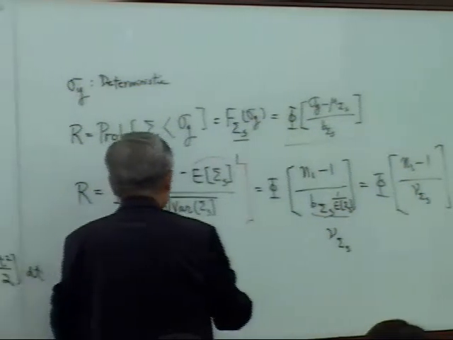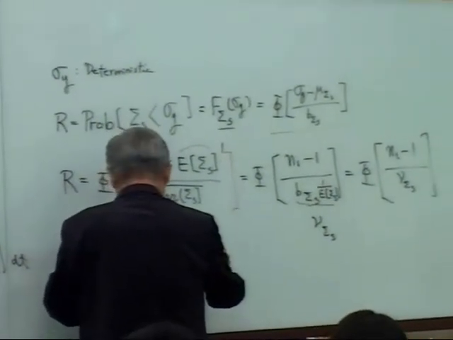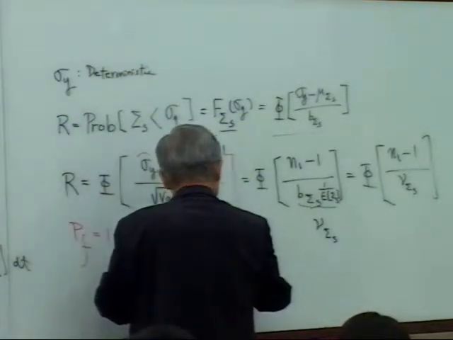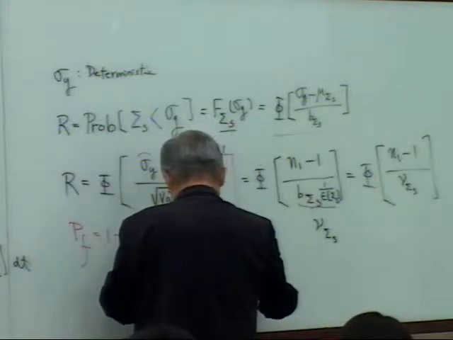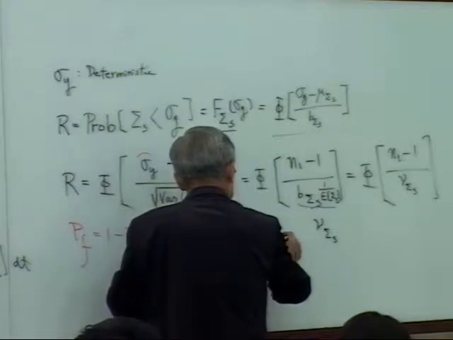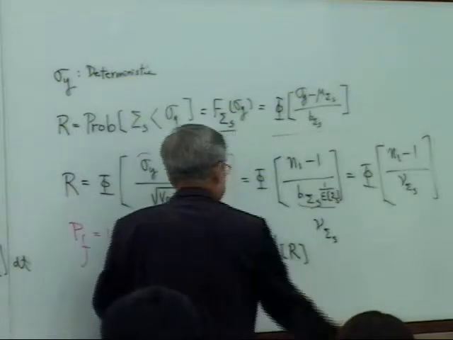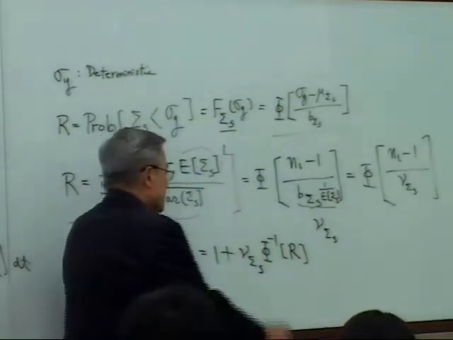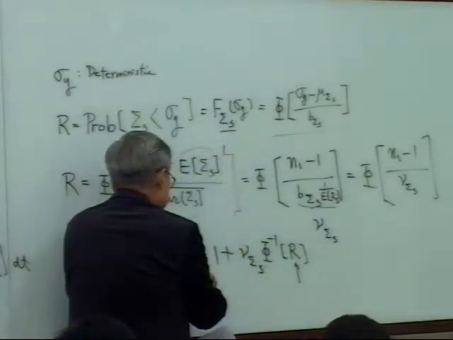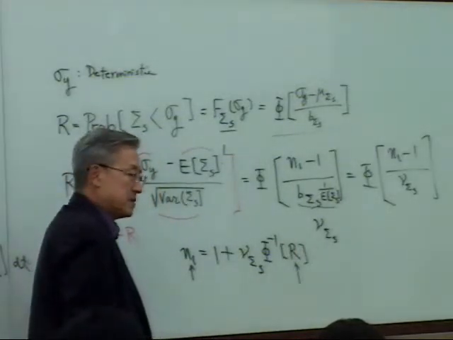But if you use inverse notation, you can express N1 as 1 plus mu sigma S phi inverse of R. For a specific value of R, you can then compute the corresponding central safety factor.